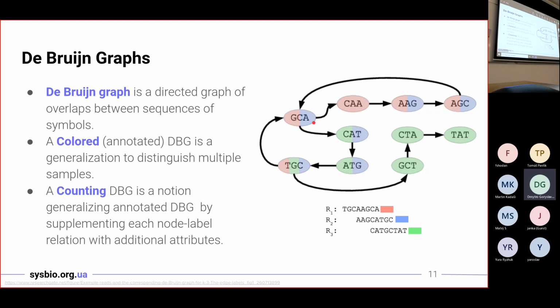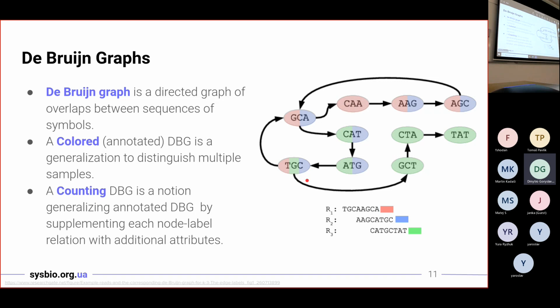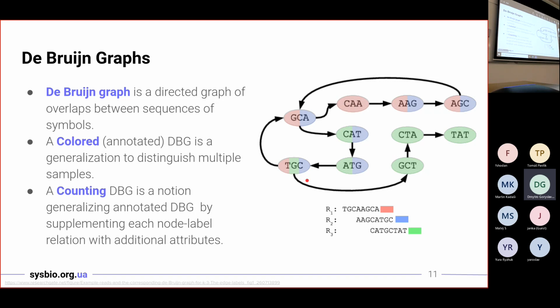And of course, the length of these K-mers inside the graph nodes differs. It's an adjustable parameter. In this example, the graph is so-called 3-dimensional, meaning that the length of those K-mers is 3. So the colors are added in order to store one graph for different sequences with different labels.